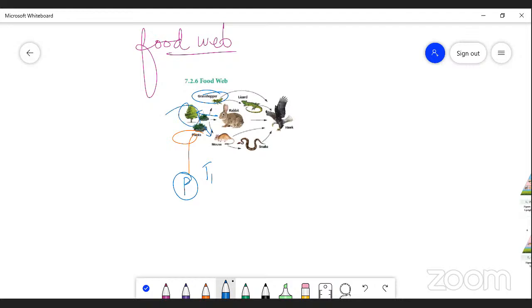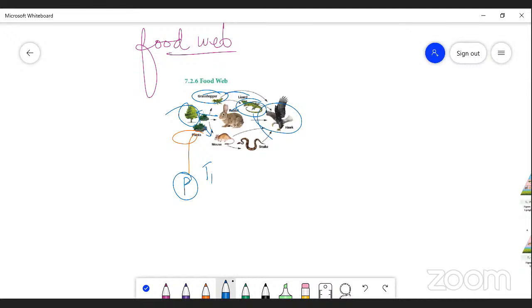From plants the food materials are transferred to grasshopper, to mouse, and to rabbit. From grasshopper the energy is transferred to lizard. From lizard, the food materials are transferred to the top carnivore.